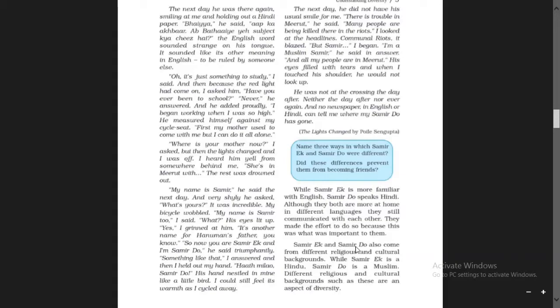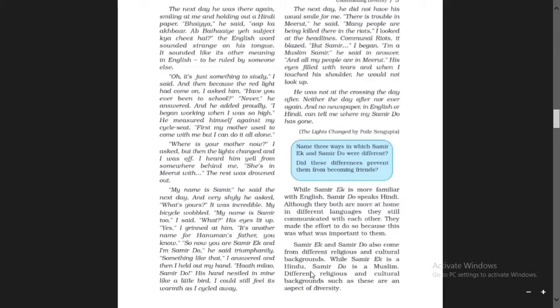Shamir Ek and Shamir Do also come from different religious and cultural backgrounds. They are from different cultural or religious backgrounds also. Their religions are not the same. Their culture is also not the same. While Shamir Ek is a Hindu, Shamir Do is a Muslim. See here another difference.